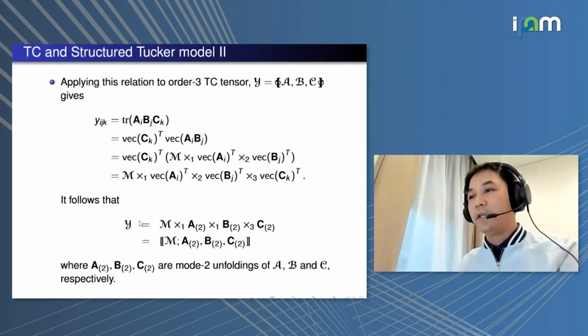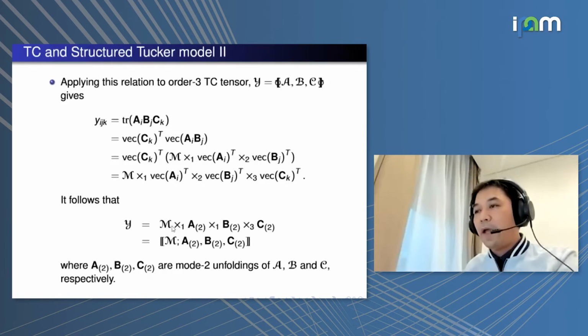So finally, you see here the tensor chain, and if you flatten the core tensors A, B, and C into three matrices, you can write it as a Tucker decomposition. This is a Tucker decomposition.